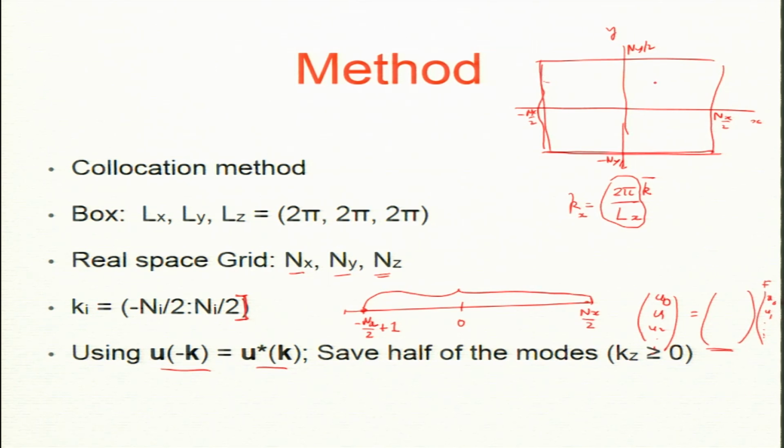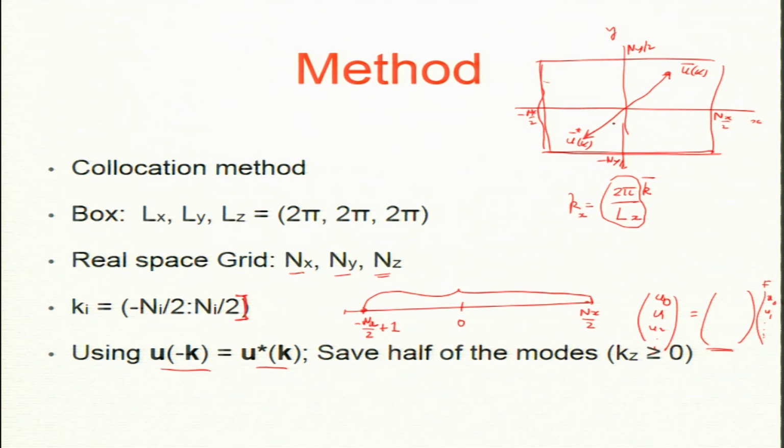So the reality condition, what does it mean? If you have some wave vector here, kx, ky, then in the negative direction we also have a vector. If this is u of k vector, then that is u star of k. So I don't need to save that part.